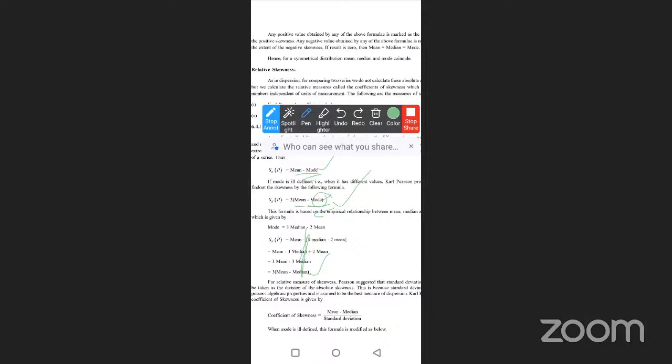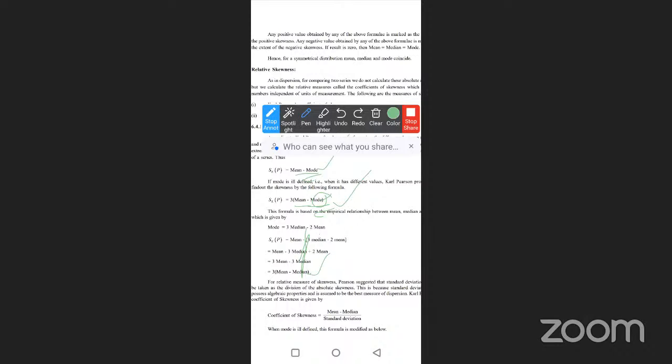Okay. Now, for relative measure of skewness, Pearson suggested that standard deviation should be taken as the division of the absolute skewness. This is because standard deviation may possess algebraic properties and is assumed to be the best measure of the dispersion.